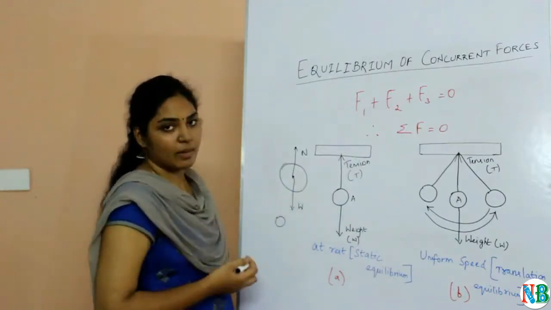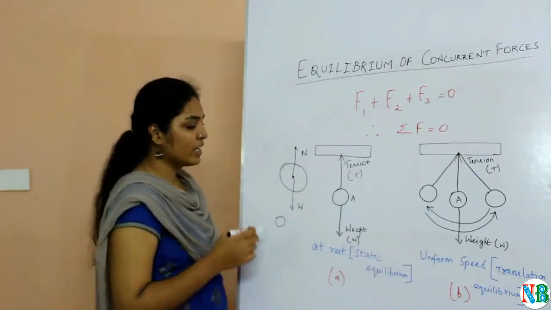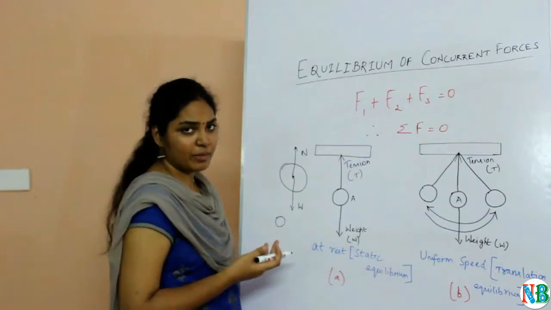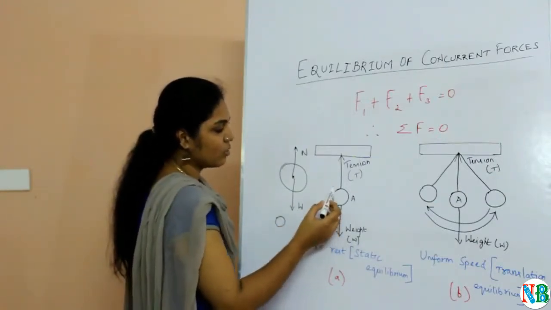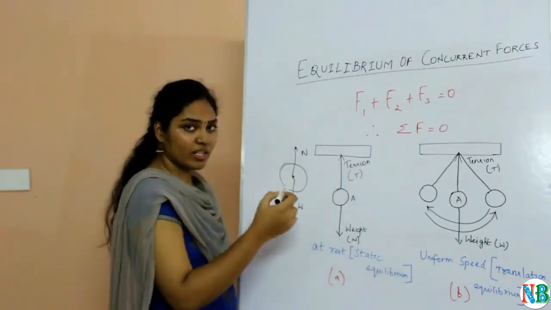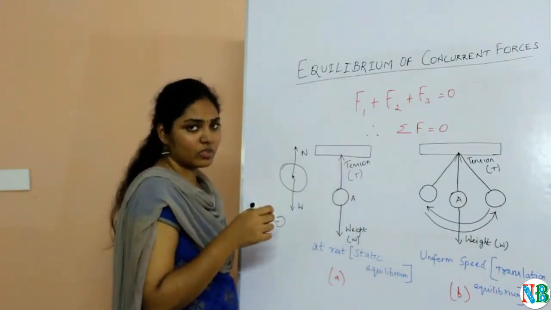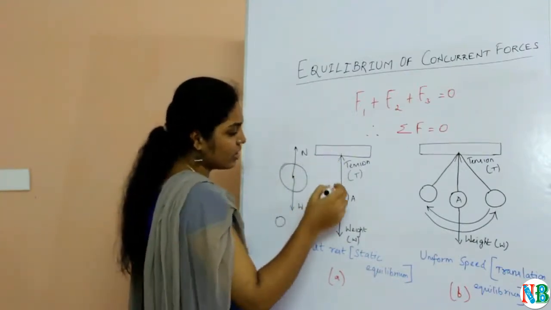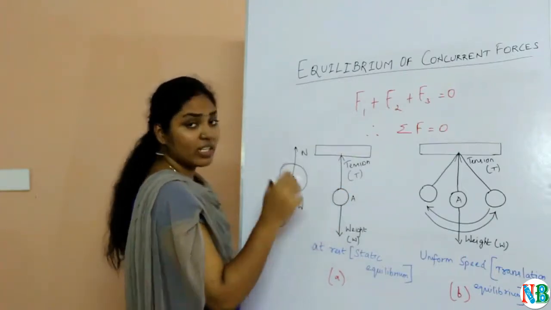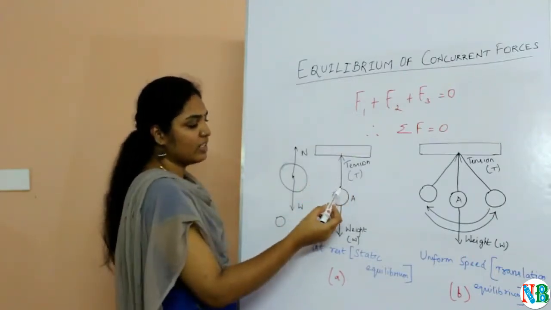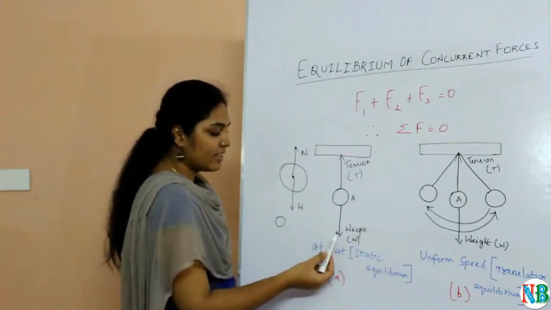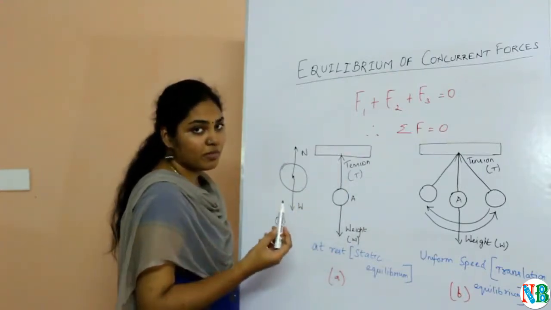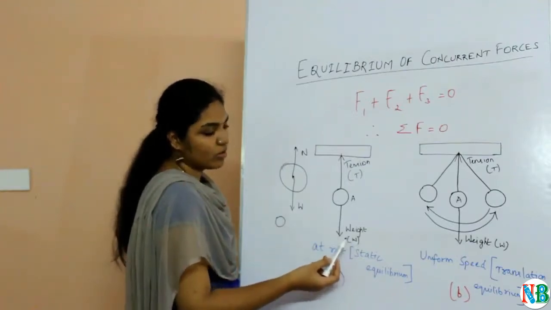Let's see this example. This is a simple pendulum example. Here the bob is connected through a string to the wall. The tension due to the string is T in the upwards direction, and the gravitational force due to the bob's weight is W, that is mg.